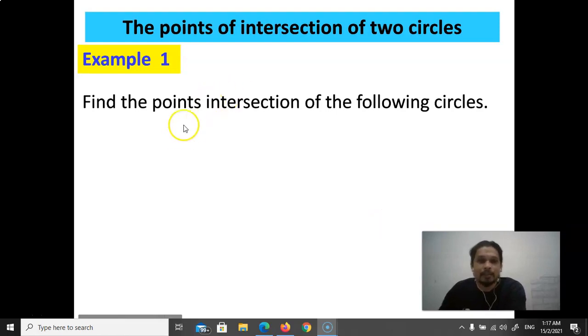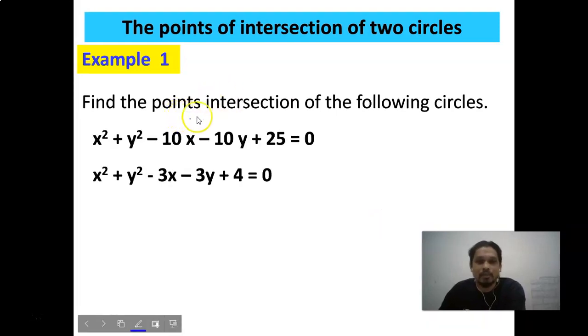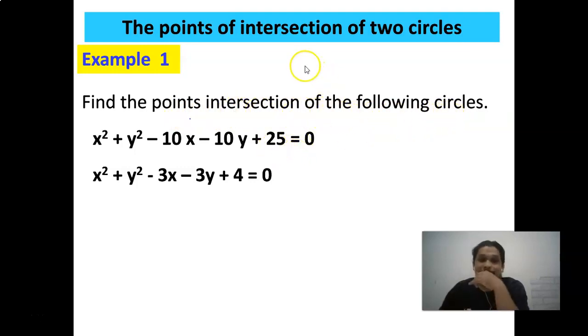Now, find the intersection points of the following circles. Meaning that here, class, when two circles, circle number 1 and circle number 2, intersect, let's say I label the intersection points as A and B, with A having coordinates x1, y1, and B having coordinates x2, y2.